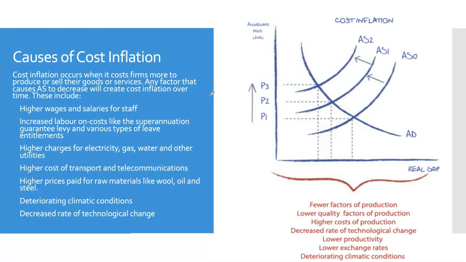Now, supply side inflation is when we have a reduction in our aggregate supply. Cost inflation or supply side inflation occurs when it costs firms more to produce or sell their goods or services.